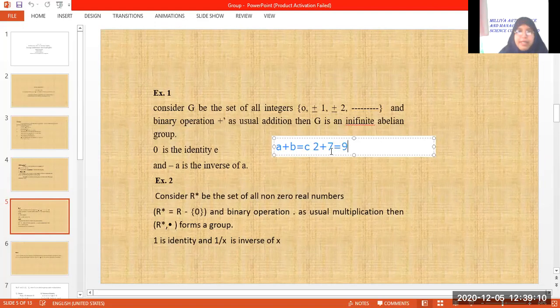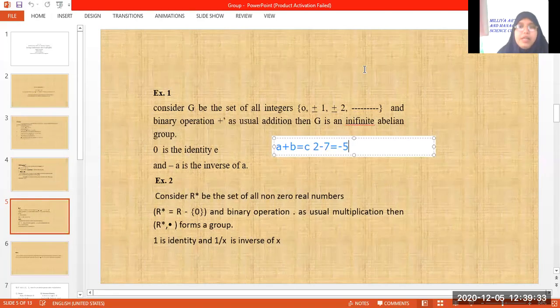Means 2 is an integer, 7 is an integer, and the result 9 is an integer. And if this is 2 minus 7, which is equal to minus 5, this minus 5 is also an integer. Means closure property is satisfied in the set of integers.